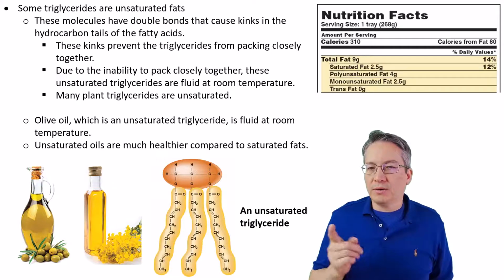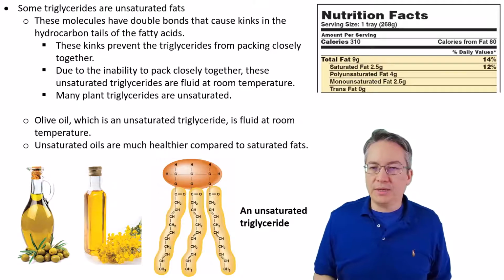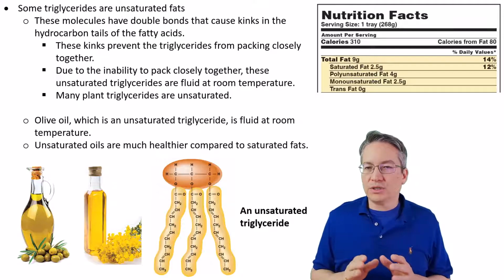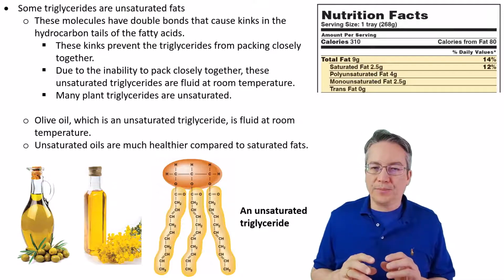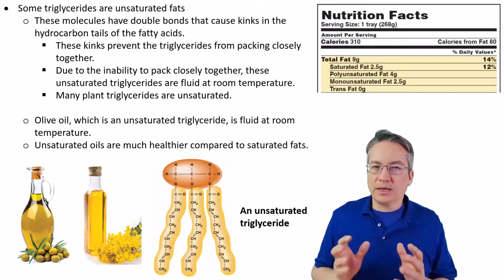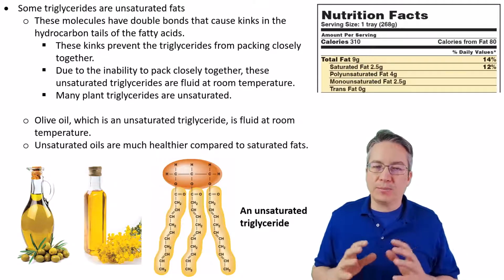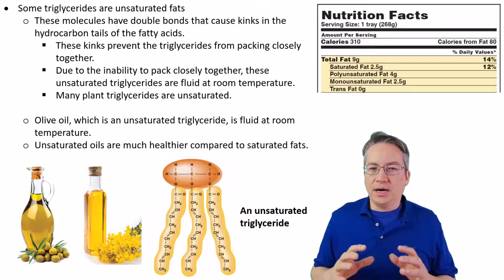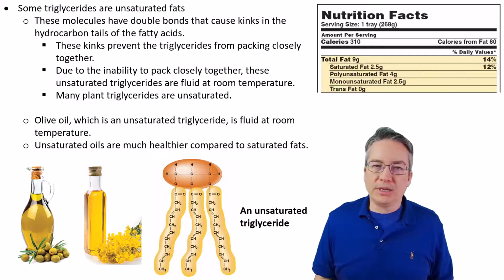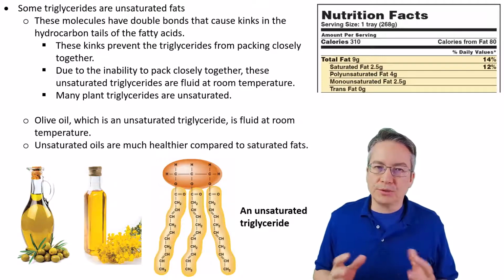And monounsaturated fat is also a fairly healthy one. Mono simply means there's just one double bond. So there's one kink, and yet that's enough to keep it from packing together very easily at room temperature, and so it wouldn't be solid at room temperature, and it's quite healthy.